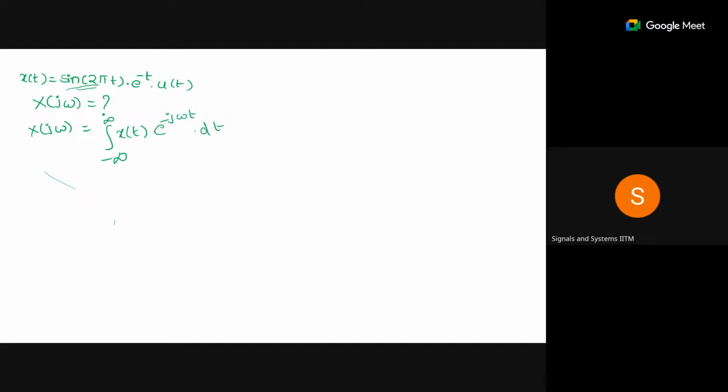Here, sine theta, we know the formula, right? Sine theta is equal to e power j theta minus e power minus j theta by 2j. So the same formula I'll be applying here. Because we are having e power minus t here, and since it is u of t, it will be from 0 to infinity.